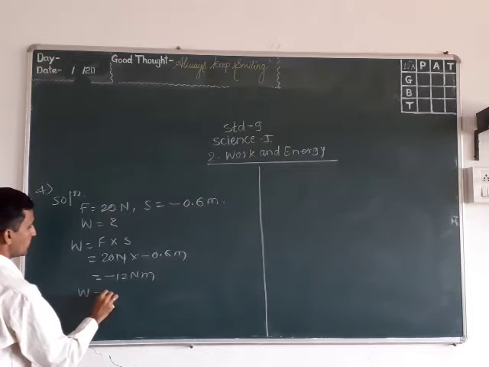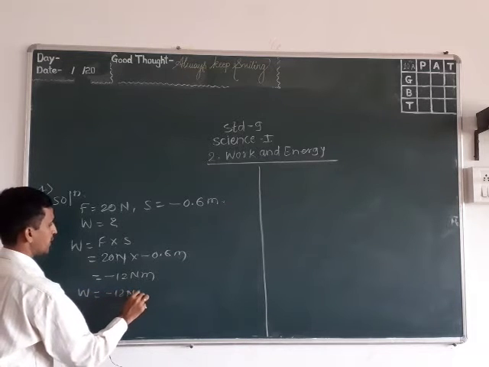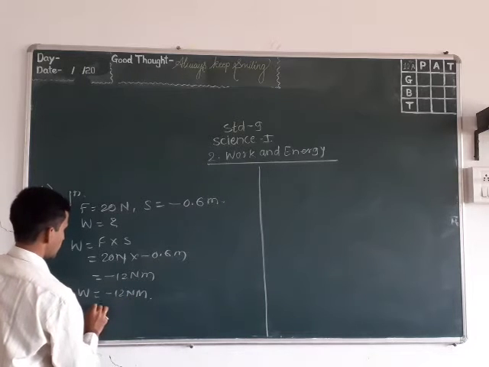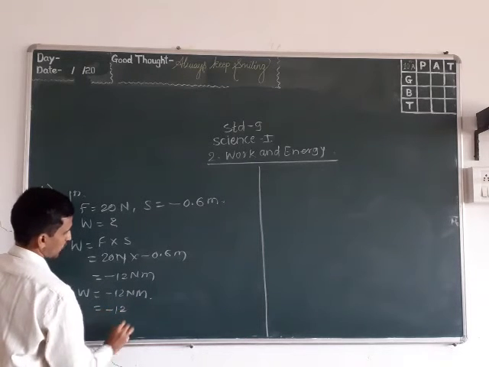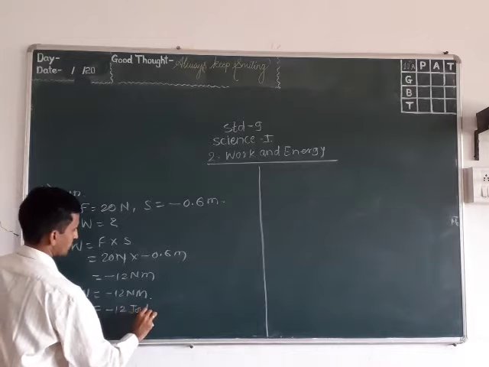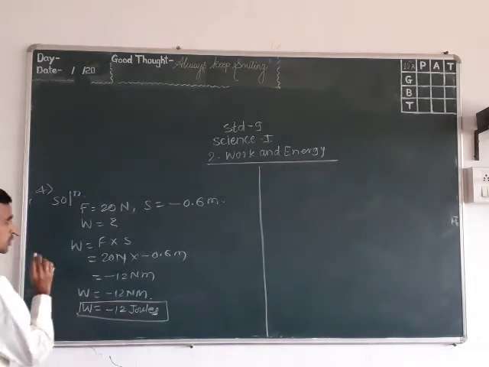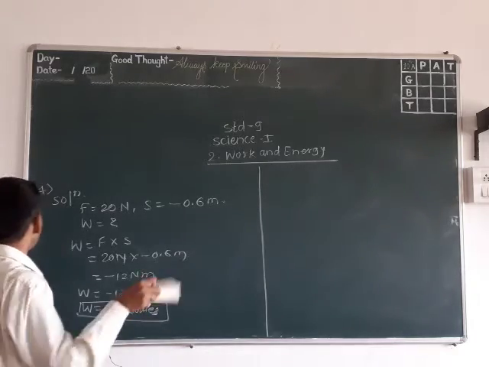W is equal to minus 12 Newton meter. The SI unit is joule, so W is equal to 12 joules. This is example 4.